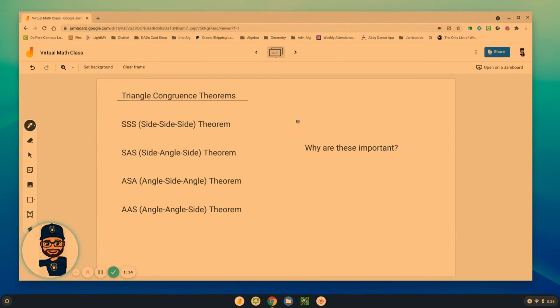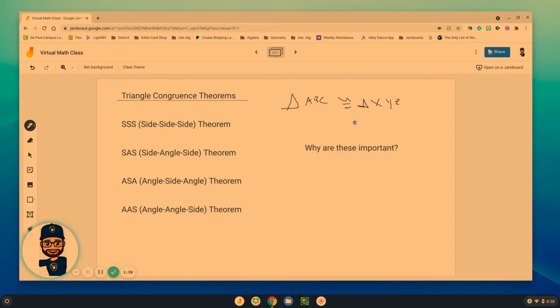Let's just say triangle ABC is congruent to triangle XYZ. Once we know that's true, because of one of those 4, there's something else we now are able to do, which makes why these 4 so important to us.